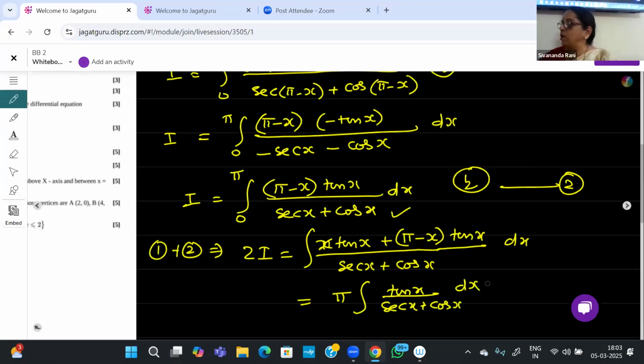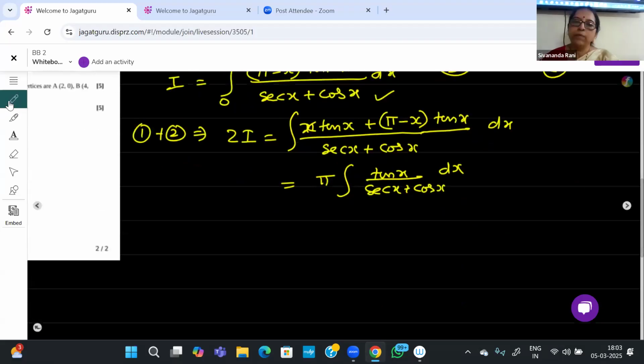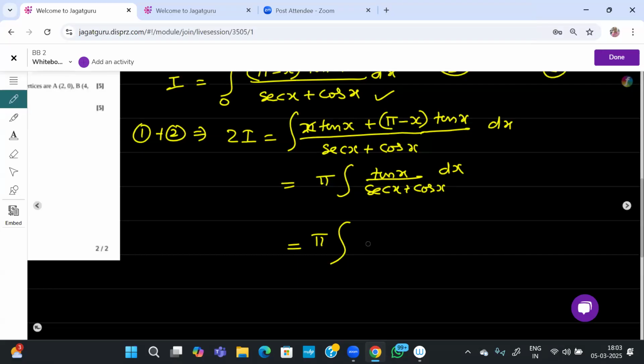After reaching this stage, what do you do? How do you make it decently integrable? Express in terms of sin and cos.